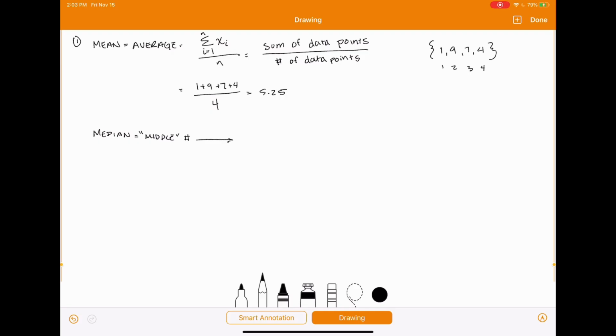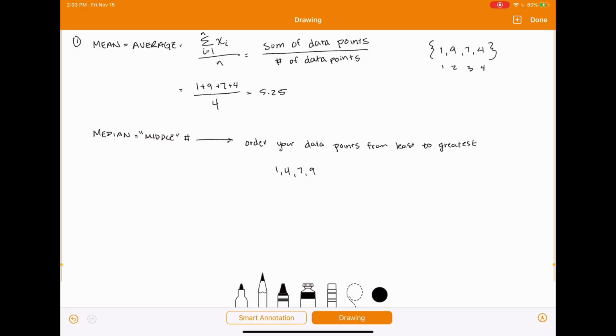So what you're going to do first is order your data points from least to greatest. So using the same data set that we were using above, if we ordered those from least to greatest, we'd have 1, 4, 7, 9.